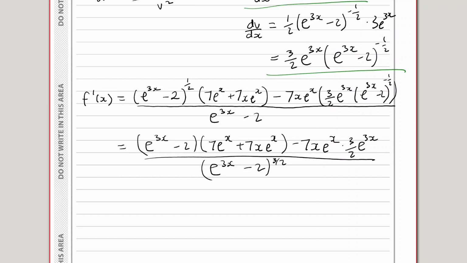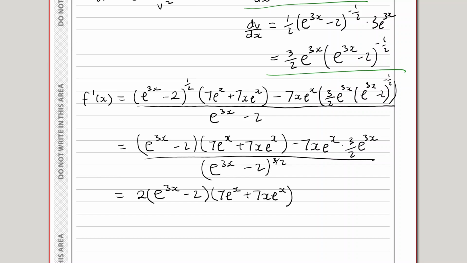We still need to double the top and the bottom. So let's have 2 times (e^(3x) minus 2). So still thinking of it as 2 terms, times 7e^x plus 7x e^x, minus, I've got an over 2 here.